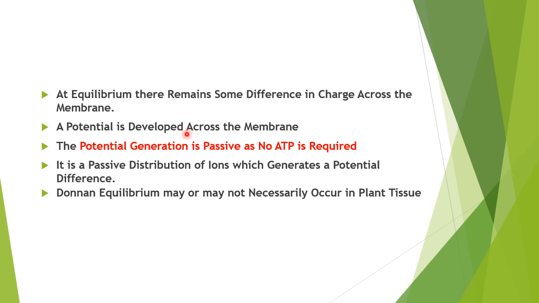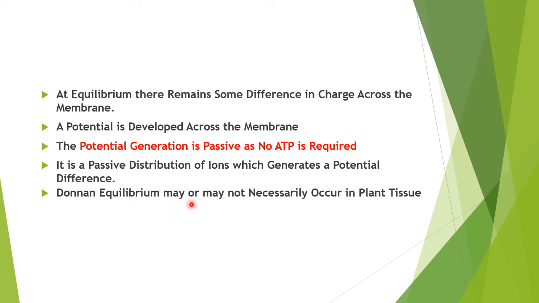A potential is developed across the membrane. The potential generation is passive. See, the cell has generated a potential across the membrane, but it is passive as no ATP is required and no ATP has been utilized. It is a passive distribution of ions which generates a potential difference.